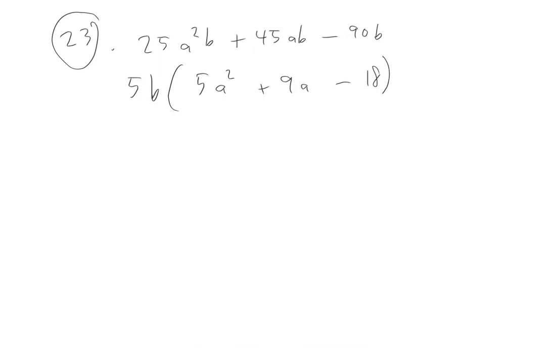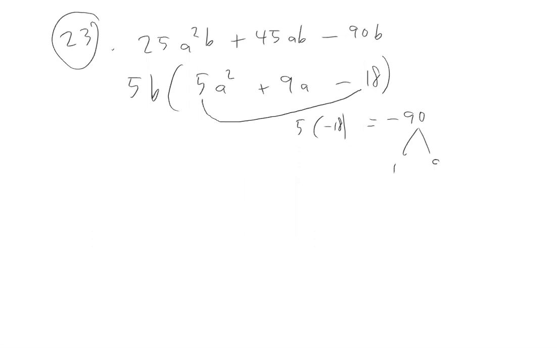Now there's no other number in common, so now I have to take this 5 times the negative 18, which equals negative 90. And then I have to hunt for numbers that make negative 90.